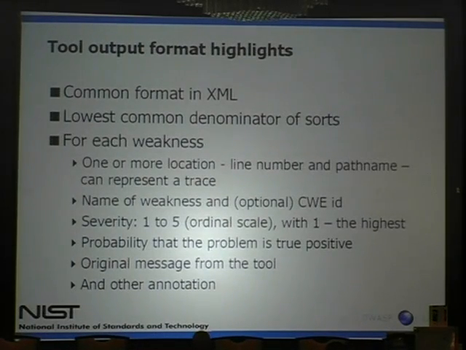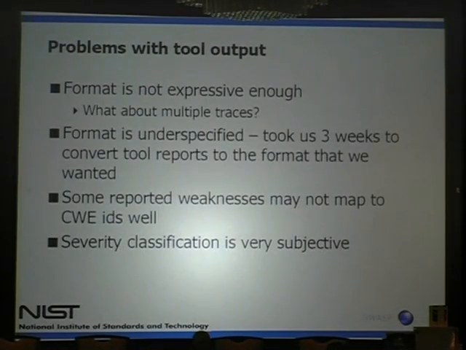It reports the name of the weakness, and we also encouraged tool makers to report a CWE ID because that simplifies comparison. We asked them to rate the issues on severity from 1 to 5, with 1 the highest, give the probability that the problem is a true positive, the original message from the tool, and there was a place for other annotation. I'll touch on it later.